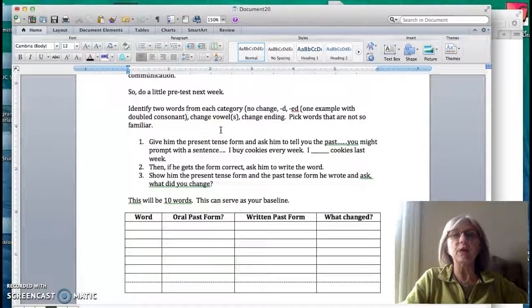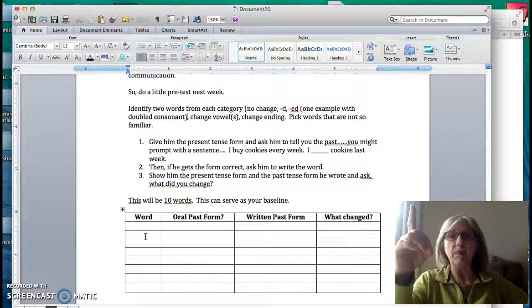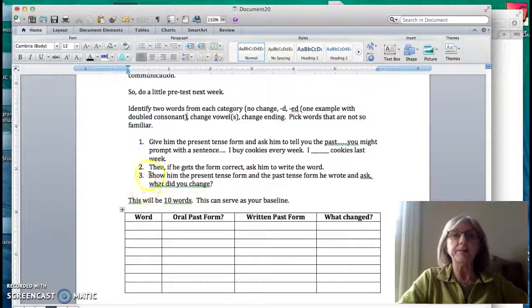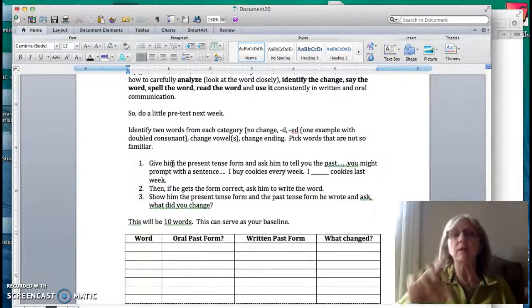You take two representative words from each of the categories: D, ED, and one word where you have to double the consonant and add ED. A change in vowel, maybe one that changes one vowel and one that changes two vowels.